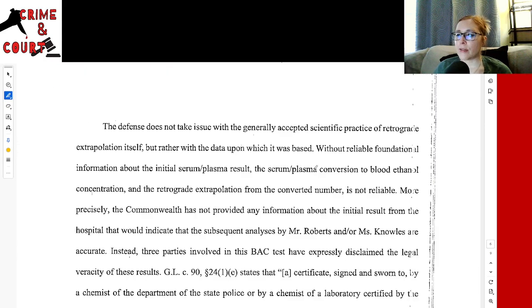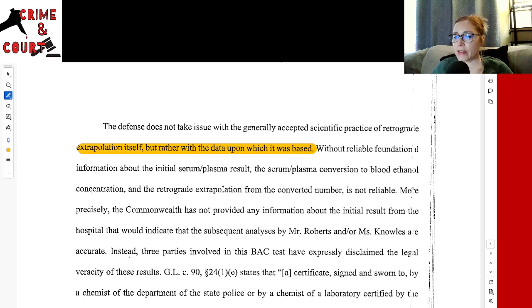It's apples to oranges. The defense does not take issue with the generally accepted scientific practice of retrograde extrapolation itself, but rather with the data upon which it was based. So you're using bad data in the first place, because the blood draw itself and the testing of the blood was not done in an accredited lab for processing crime scene investigatory evidence.